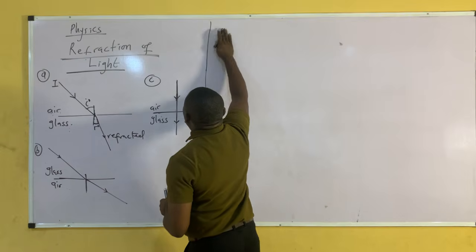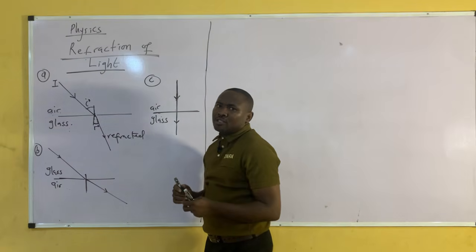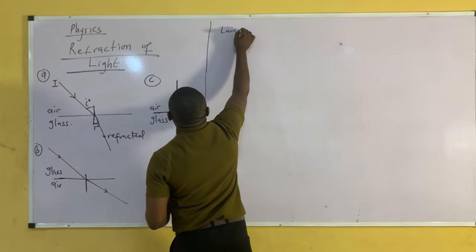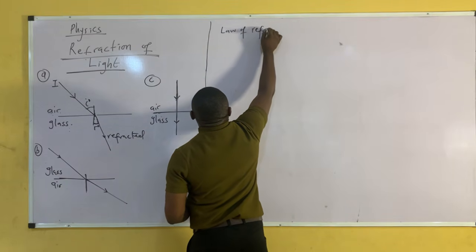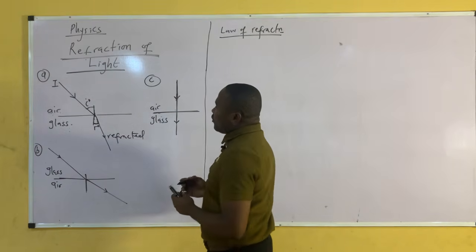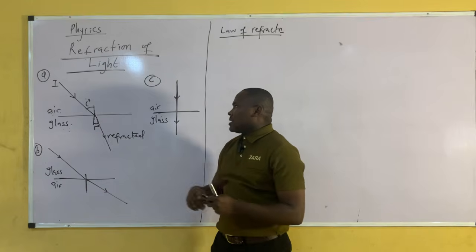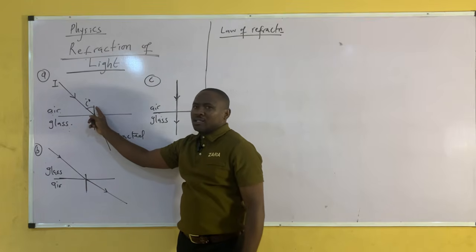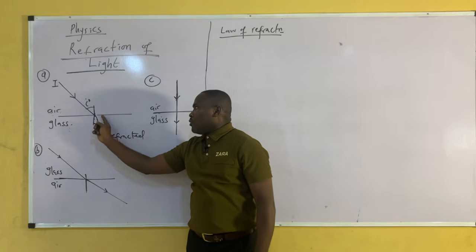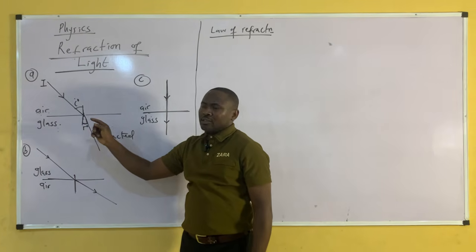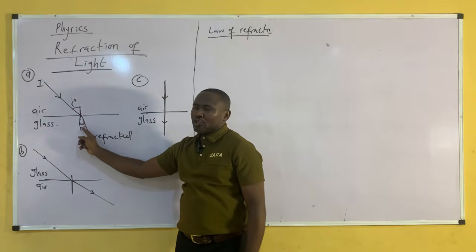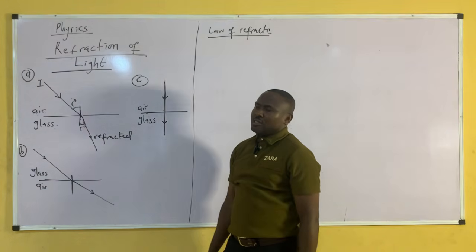Refractive index. But we will not know refractive index unless we understand the law of refraction. What is the law of refraction? The first law of refraction states that the angle of incidence and the angle of refraction both lie on the same plane.